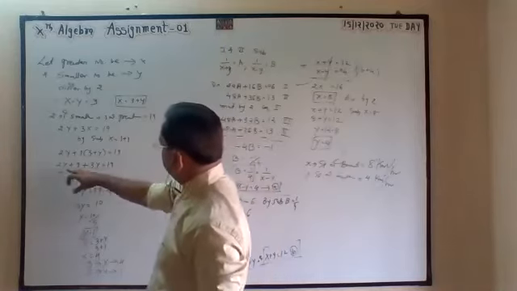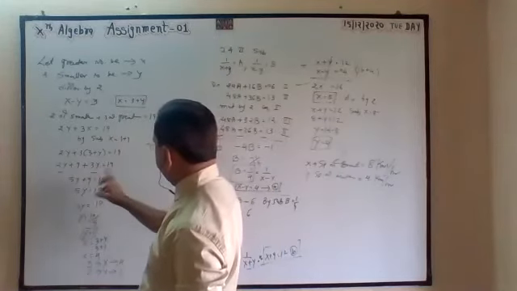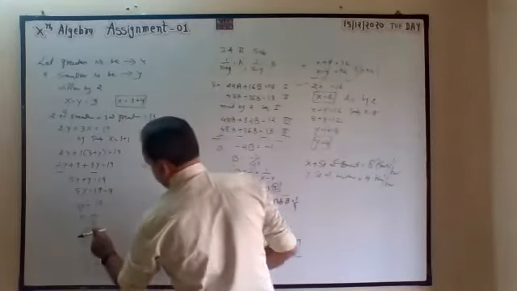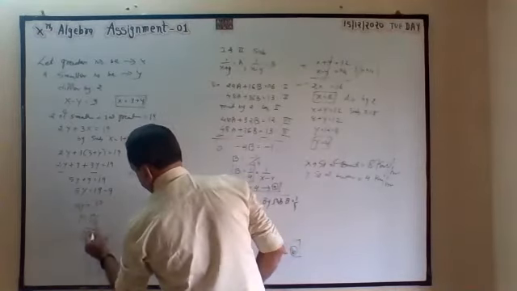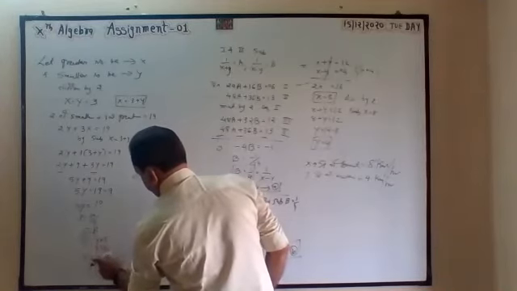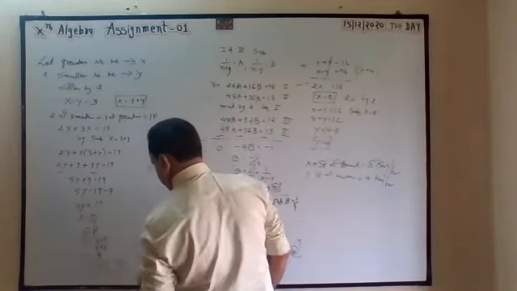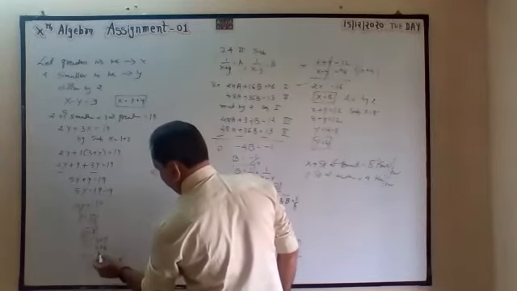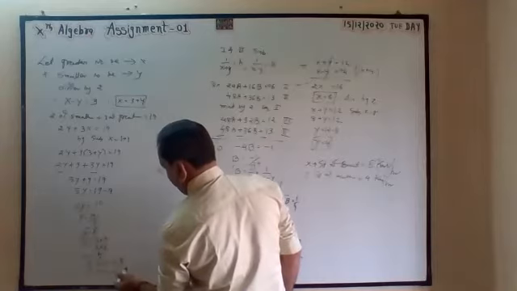These are substituted. This side 5 and this side 5. Silly mistake. See, it's 2. Extremely sorry. See, this type of silly mistake can be made by you also.